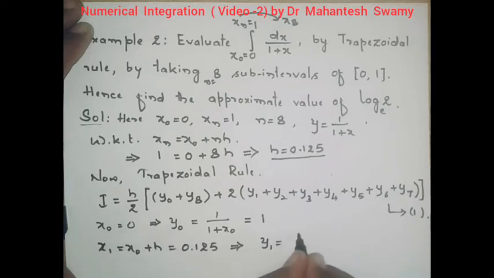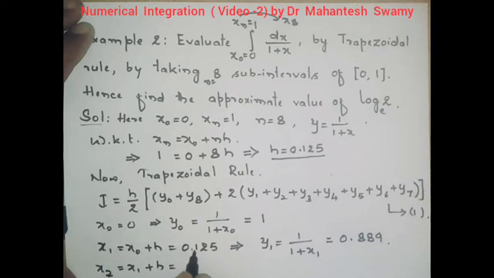y1 is 1 divided by 1 plus x1. So you substitute the value of x1 equal to 0.125 here. It is going to be 0.889 after simplification. Similarly, let us compute x2. x2 is x1 plus h.